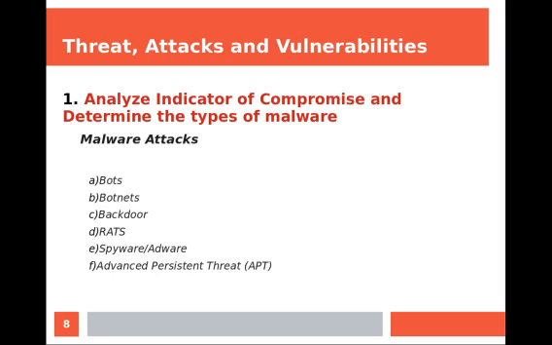Then RATs, remote access Trojans or remote administration tools: software that remotely gives a person full control of a tech device. It is a program that provides the capability to allow covert surveillance or the ability to gain unauthorized access to the victim PC. It also provides attackers the capability to gain unauthorized remote access to the victim machine via specially configured communication protocols or a backdoor created upon infection.